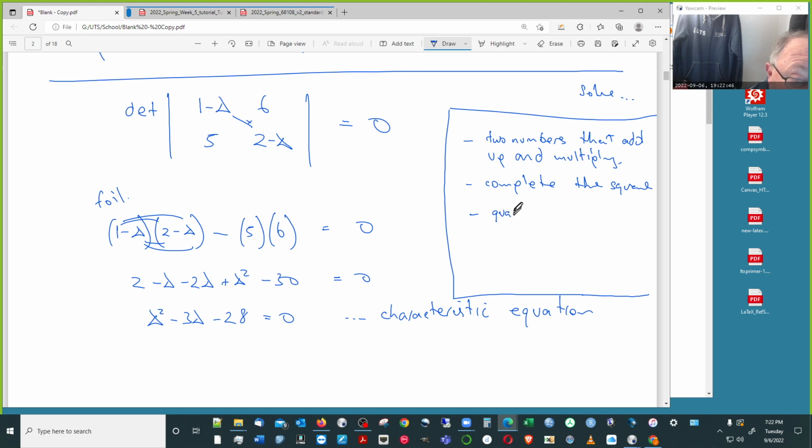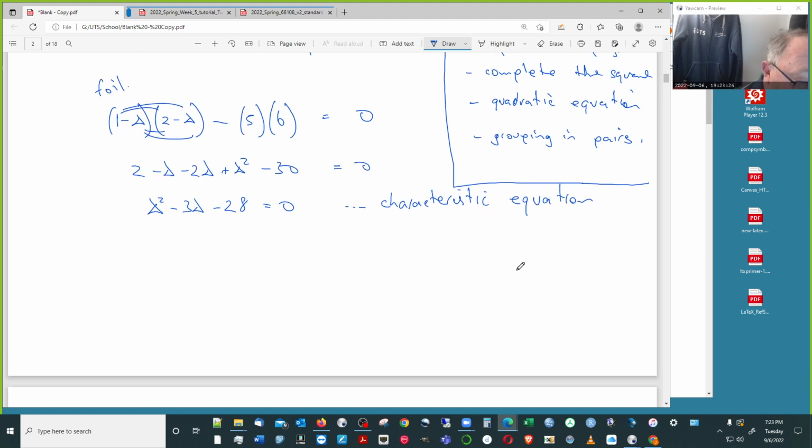Quadratic formula, which we know how to derive, and grouping in pairs, which I don't know if I did grouping in pairs with you guys. They're more helpful with non-monics, that's ones that have got a leading coefficient. We can visit those. I've hit those first three pretty hard, but I don't know how much I've done in grouping in pairs with you, so that might be something you might say to me, oh, can you do those? But you've got to bring it to me, guys. You've got to ask me, because otherwise I'll think you're on top of it, which is good if you are.